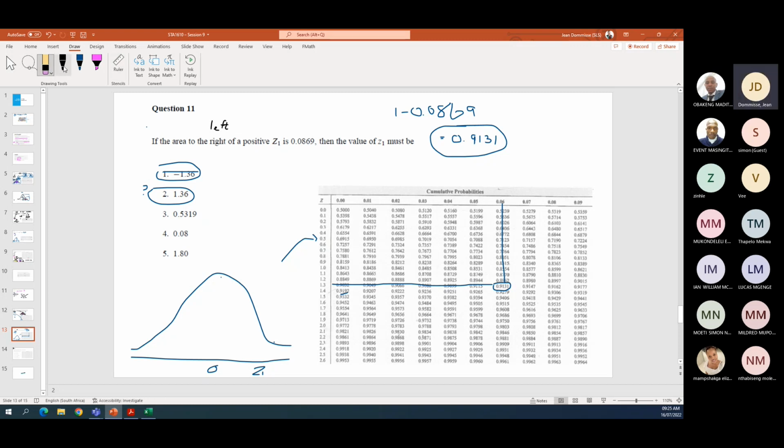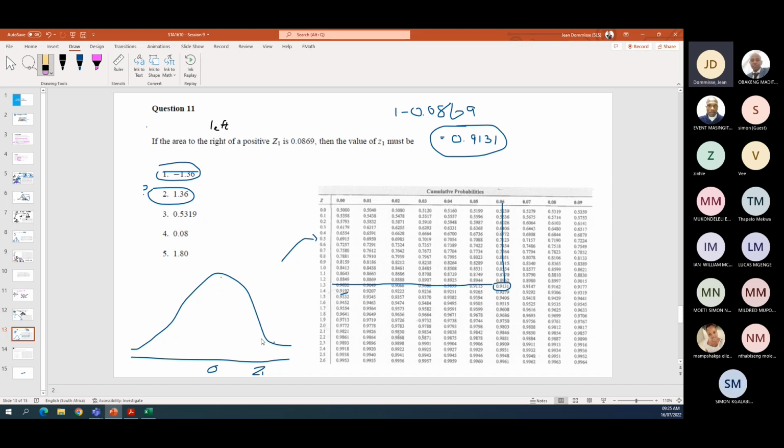If they ask us for the area to the left of a positive Z value, sorry, it's now deleting everything. If I set the area to the left, then we needed to say that area is 0.9131.